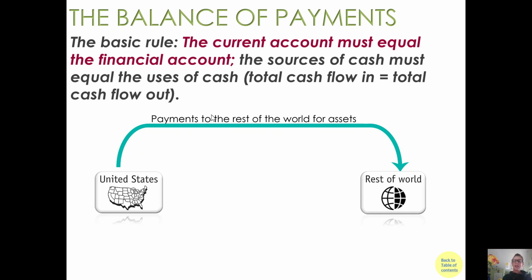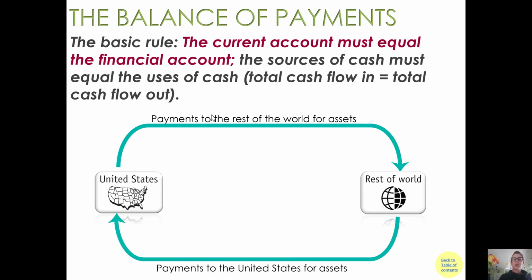So this isn't necessarily the easiest thing to understand, but sometimes what I'd like to do is think of the world as only having two countries, the U.S. and this country called rest of the world. And so the U.S. runs a trade deficit with the rest of the world, let's say. And so a bunch of money is coming from the U.S. to pay for the imports that we're getting from the rest of the world.